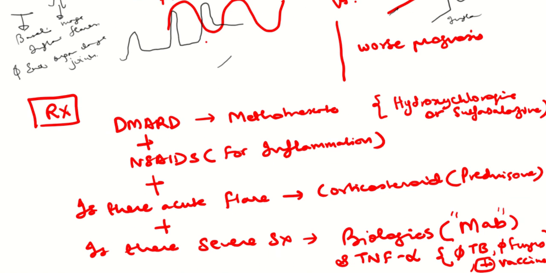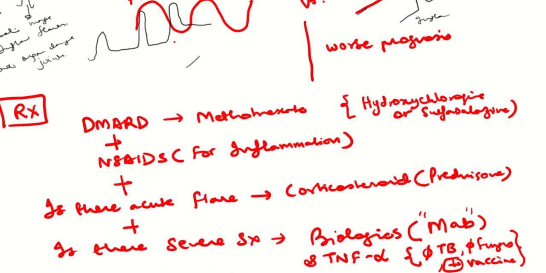So how do I treat it? I'll give you some very basic treatment principles. Again, we get them sent to rheumatology for the most part, but we give them methotrexate. That's the drug of choice. Remember with lupus it was hydroxychloroquine. With this one methotrexate is first.